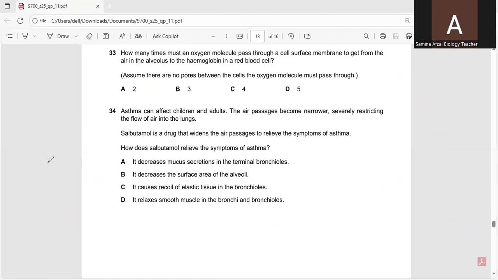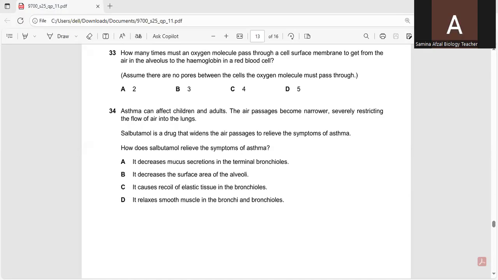So I would like to draw this to find out how many. Assuming there are no pores between the cells, the oxygen molecule must pass through A, 2, B, 3, C, 4, D, 5.